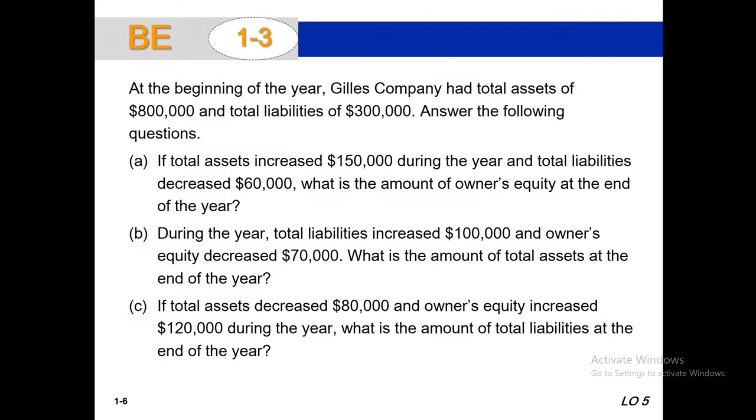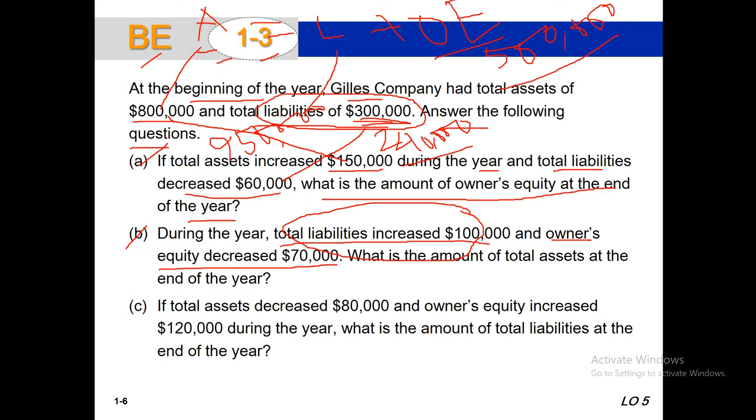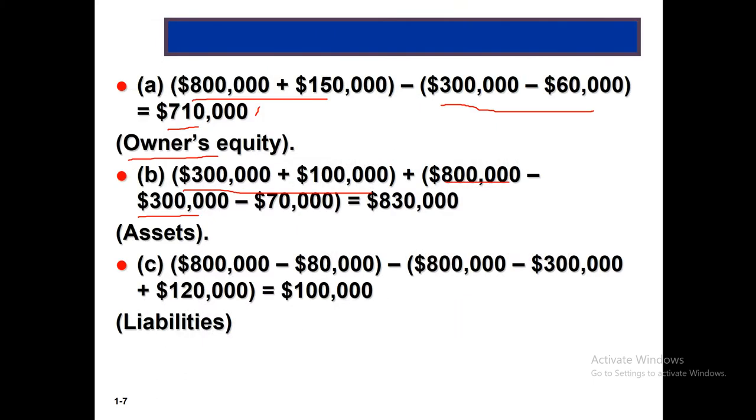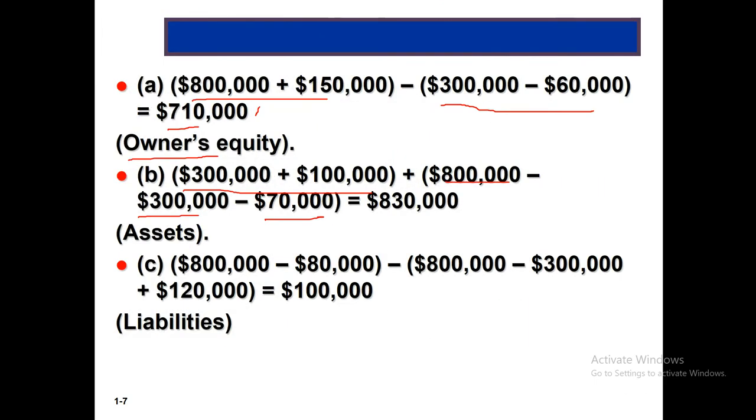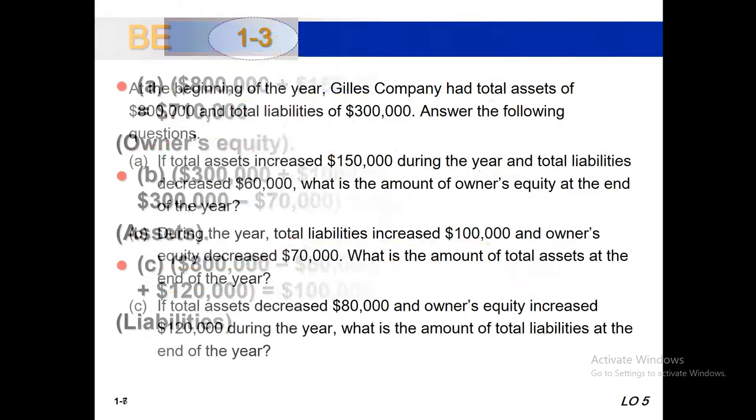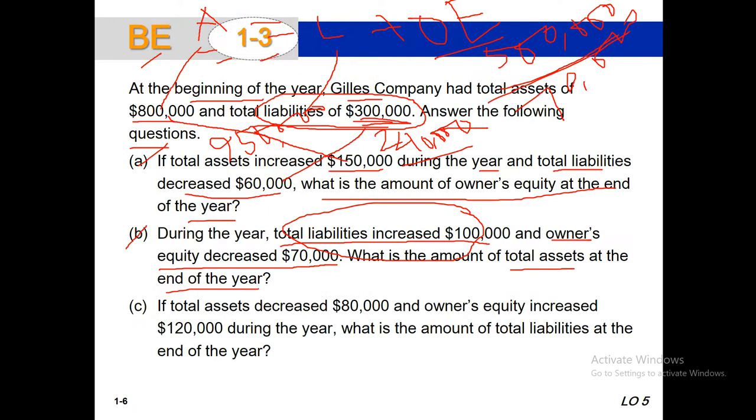The question is, owner's equity decreased 70,000, that means 5 lakh minus 70,000. Now what is the amount of total assets at the end of the year? The end of the year total assets will be $8,30,000. I think everybody is clear on this requirement too.